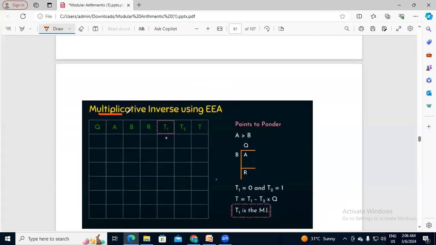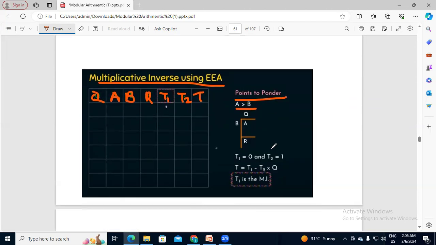So find out the multiplicative inverse using the extended Euclid's algorithm. So try to understand the same rule, right? A and B, A should be greater than B. Then we need to put the remainder, then the quotient over here. Then we are having extra terms over here, T1, T2, and T. So the points to remember: A should be greater than B, very sure.